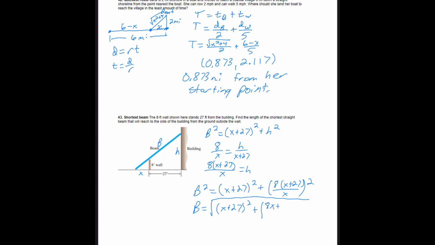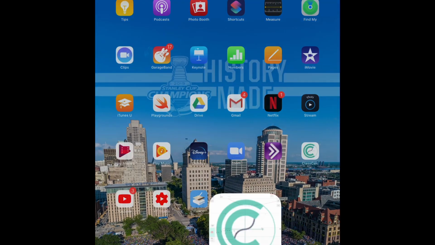And now we could simplify this a little. So we get b equals the square root of (x + 27) squared plus (8x + 216) over x squared.